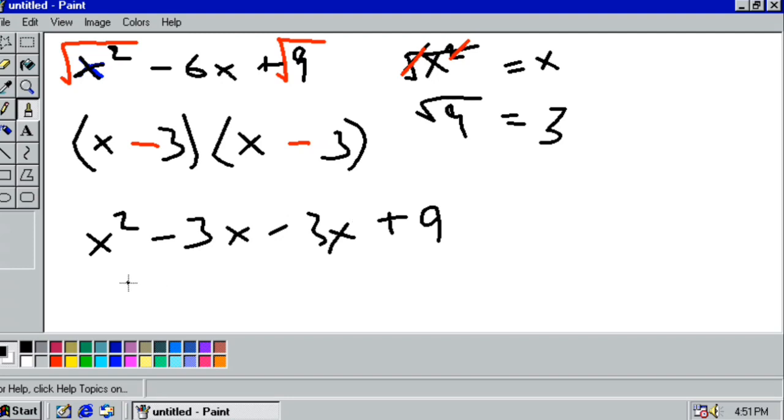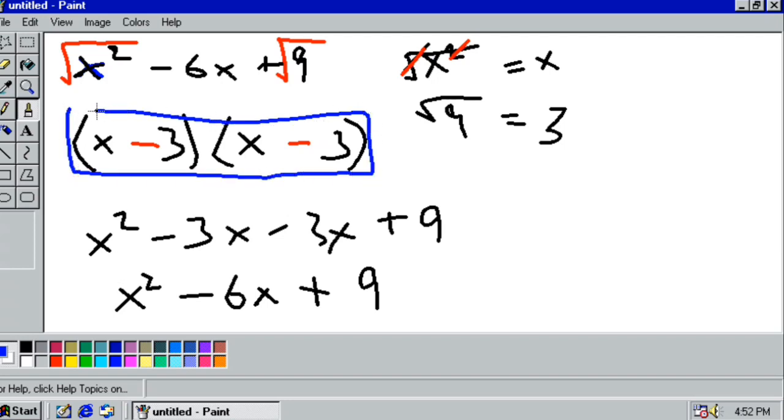So we can now combine like terms. So let's add x squared. Negative 3x minus 3x is negative 6x. And bring down 9. So as you can see, this is just the same as the first equation or problem. So which means this answer is correct.